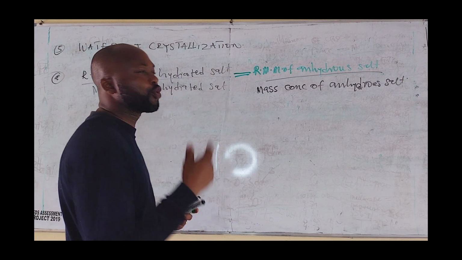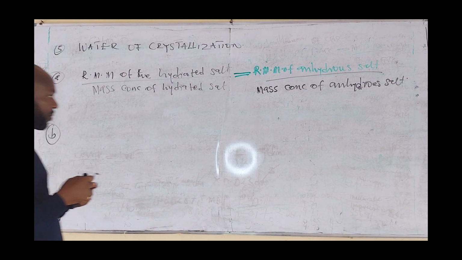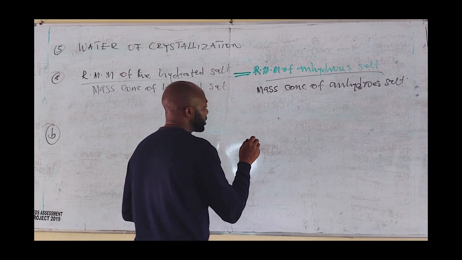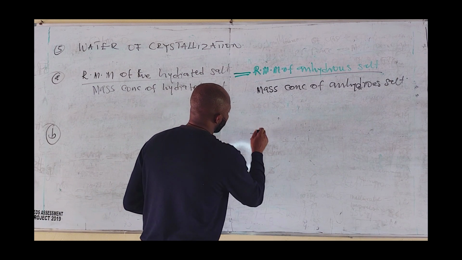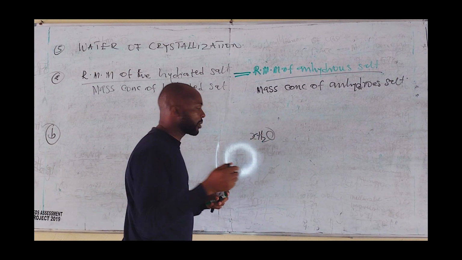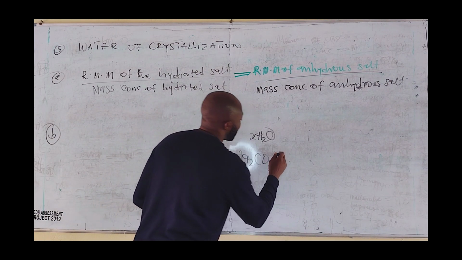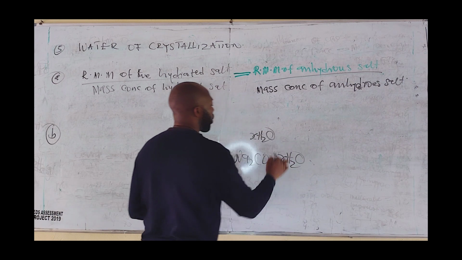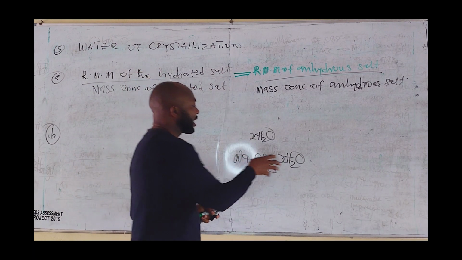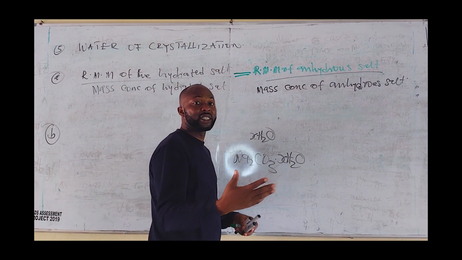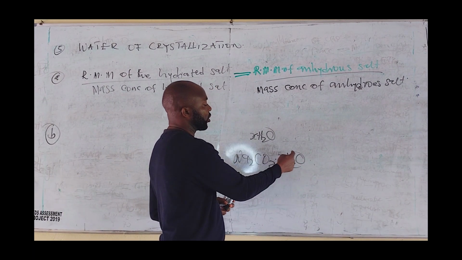So the B, how do we get the percentage? Remember, for example, we have Na2CO3.XH2O. This is for water. So when you're done calculating and you have known what X is, that X times the molecule of water, which is always 18. Water is 18. The relative molecular mass of oxygen is 16 plus 2 of hydrogen gives you 18.